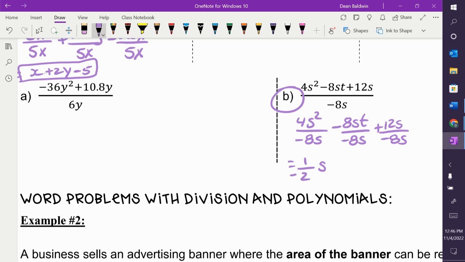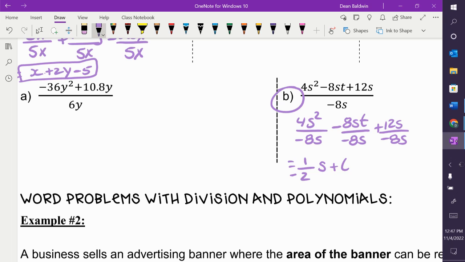What happens in the second one? What happens to the 8s? What's 8 divided by 8? Well, it's something. It's 1, right? And they're both negative, so it turns into? And what happens to the S's?